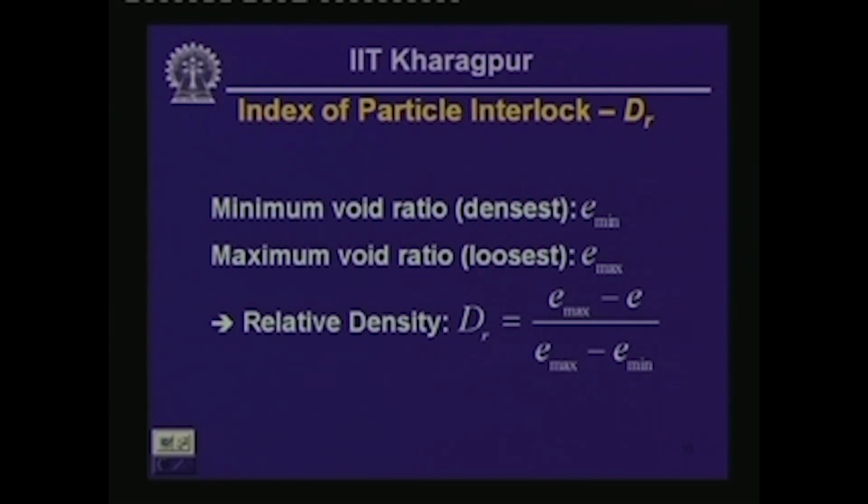And e max is found by loosely depositing a certain amount of dry soil under water and finding out the void ratio of the resulting soil matrix. And D_r, the relative density, can then be found by the expression which I have shown at the bottom of this particular slide.